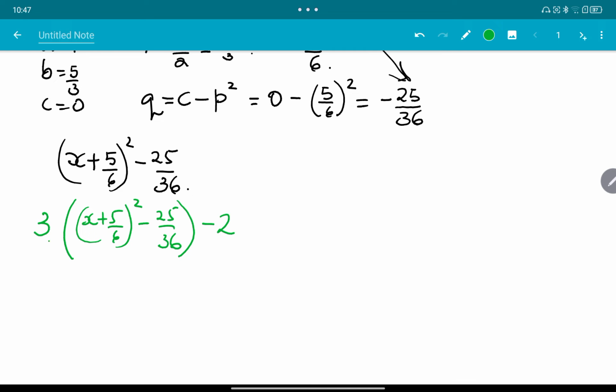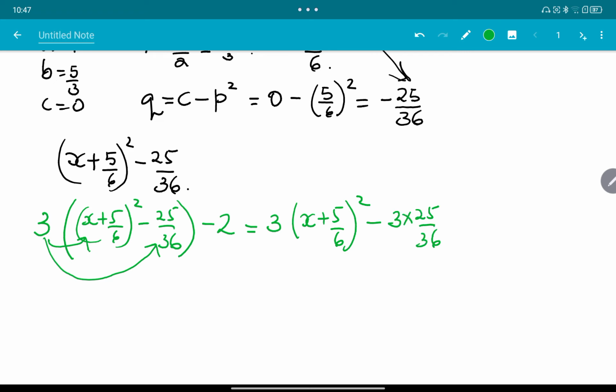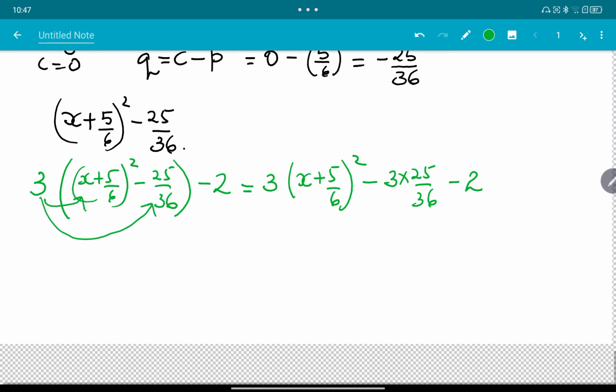It means 3 will multiply this, and that 3 will multiply that. So I'll have 3 into x plus 5 over 6 squared, because for us to multiply 3 with that, we'll have to open the whole of that bracket, and we don't need that. Okay, minus 3 times 25 over 36, minus 2. The 2 remains attached because it was outside the bracket.